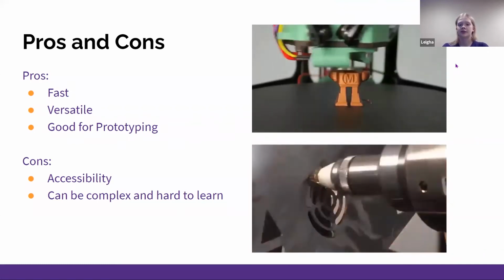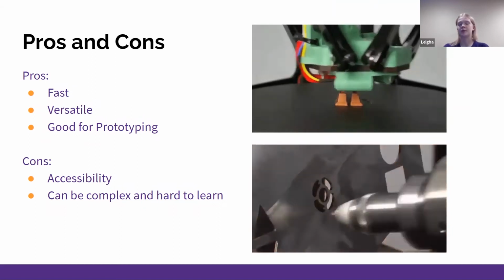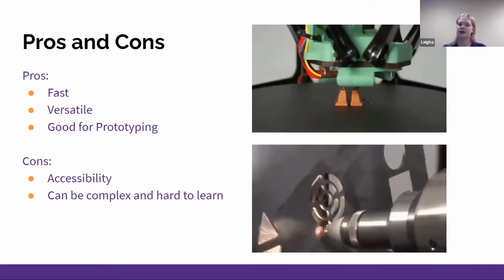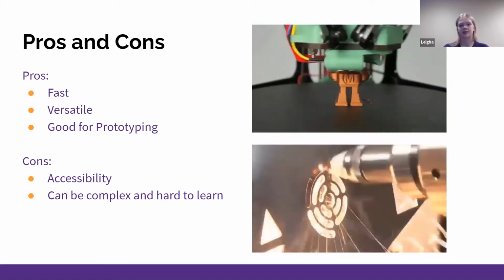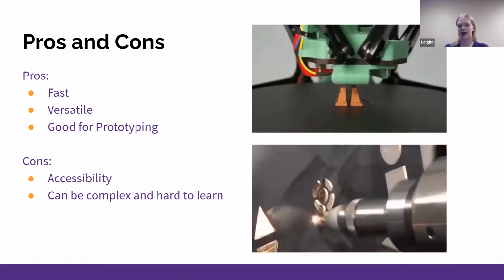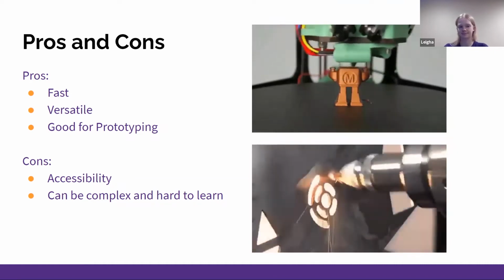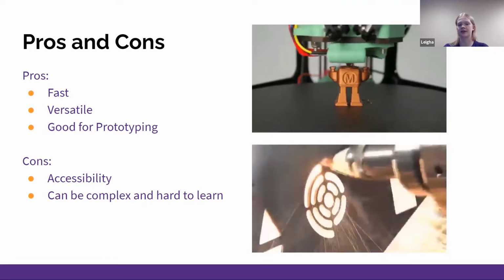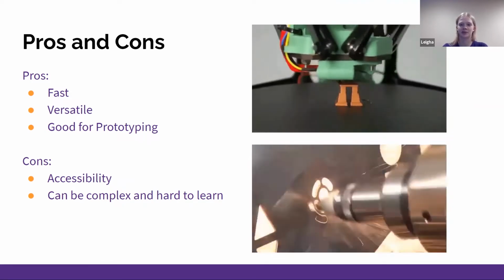Some of the cons of it, though, are the accessibility, especially when you're actually making the parts. It can be hard to find 3D printers, laser cutters, CNC machines if you don't have a set place already. And CAD can be a little confusing and complex when you're first learning it, but that's what we're here to help you with.